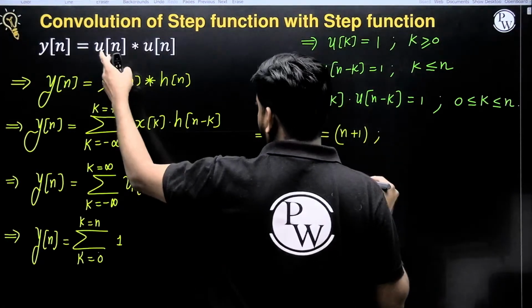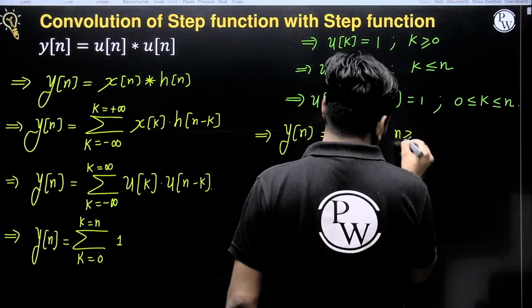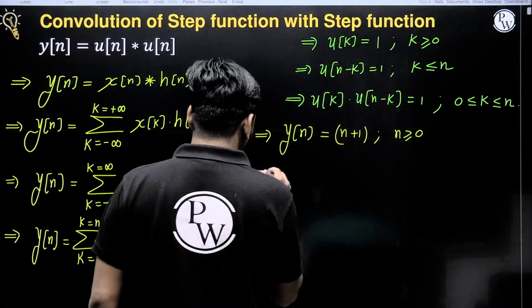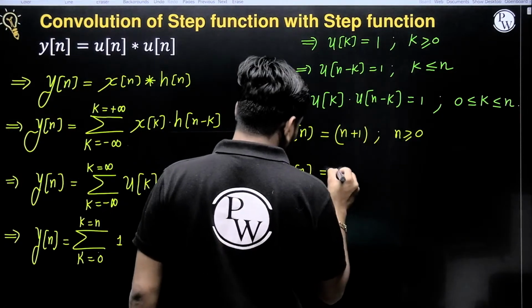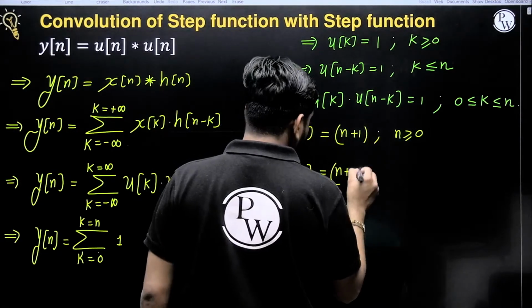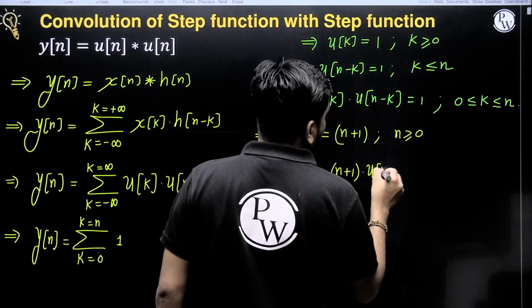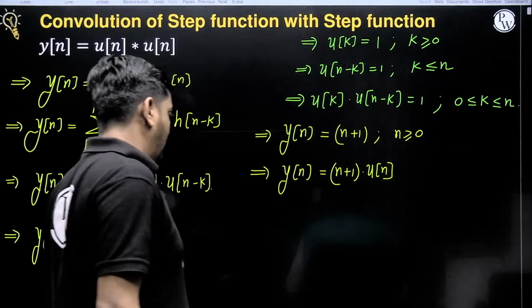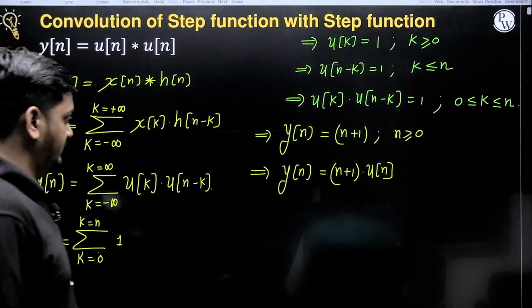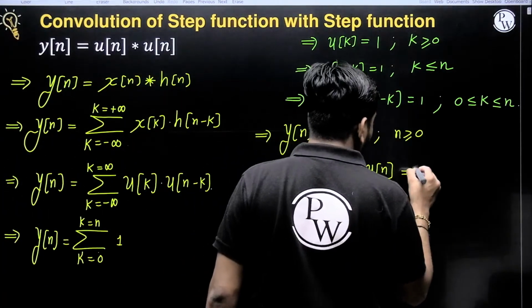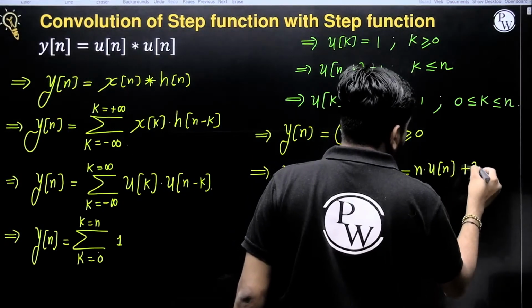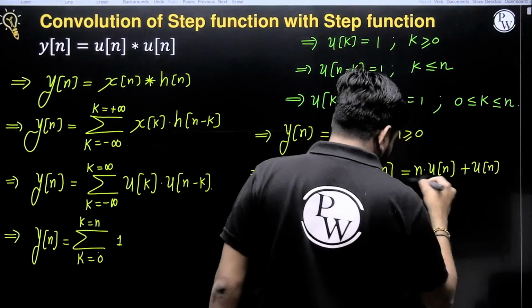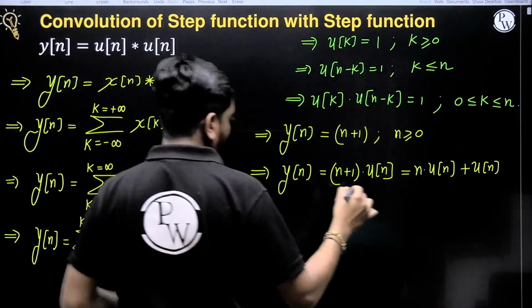This is causal, this is causal, so of course the resultant signal is also causal. So y of n will be n plus 1 times u of n, and already we have seen it is nothing but n into u of n plus u of n. And n into u of n is nothing but r of n.